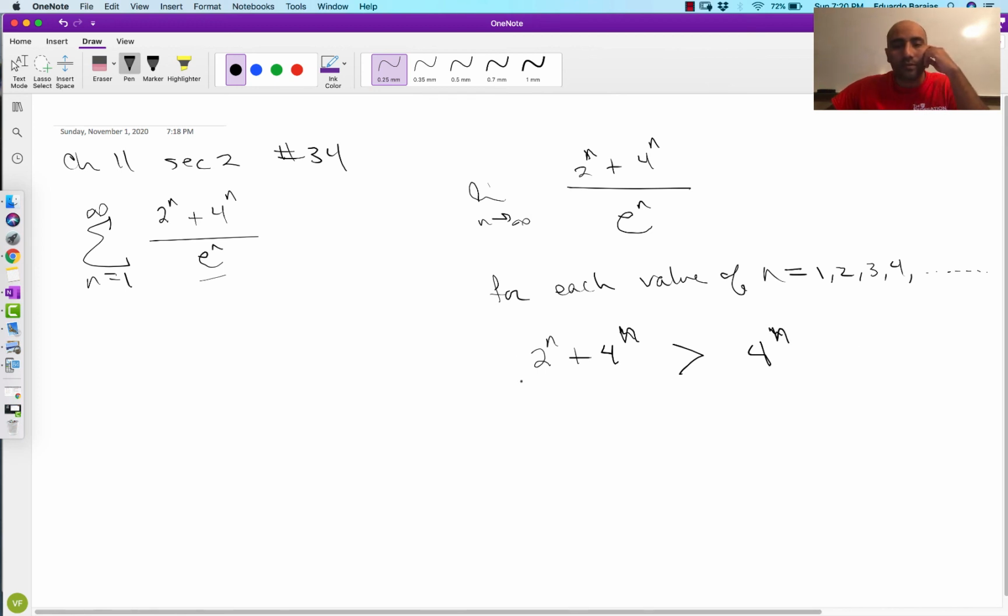Because 2 to the n is always some positive number, adding it to this term just makes it even bigger. And dividing by the same thing isn't going to change anything.